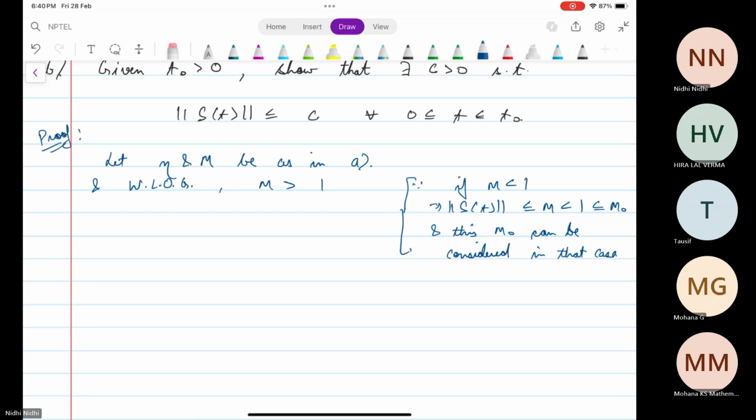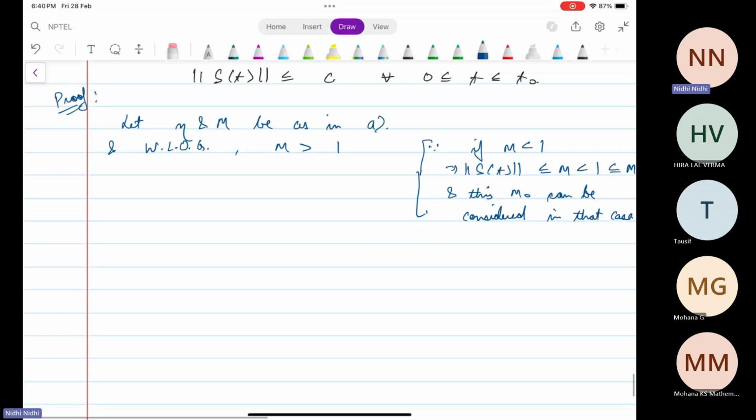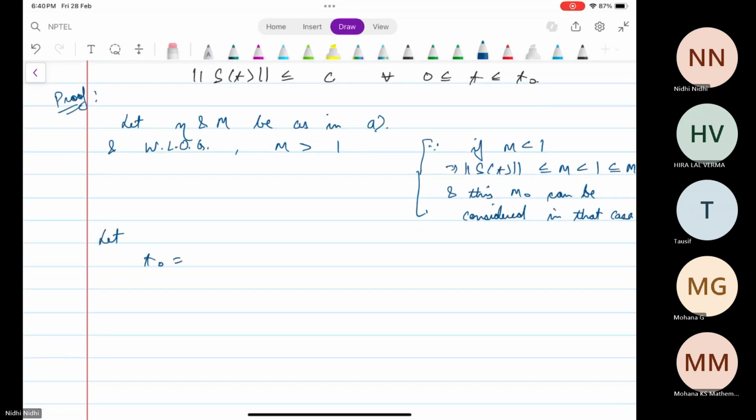Now let T naught be equal to n times eta plus delta, for some natural number n and delta strictly less than eta.